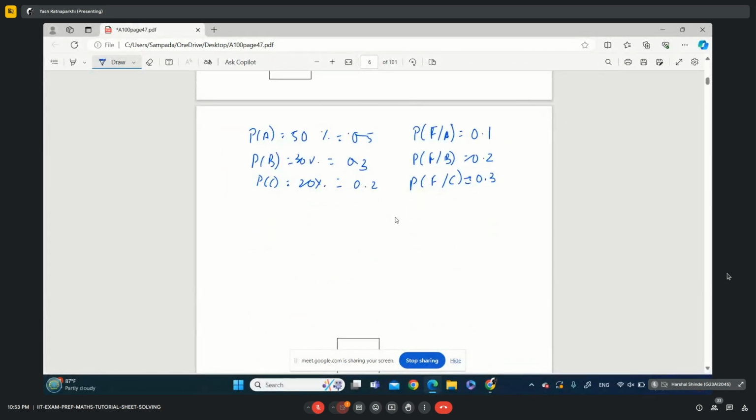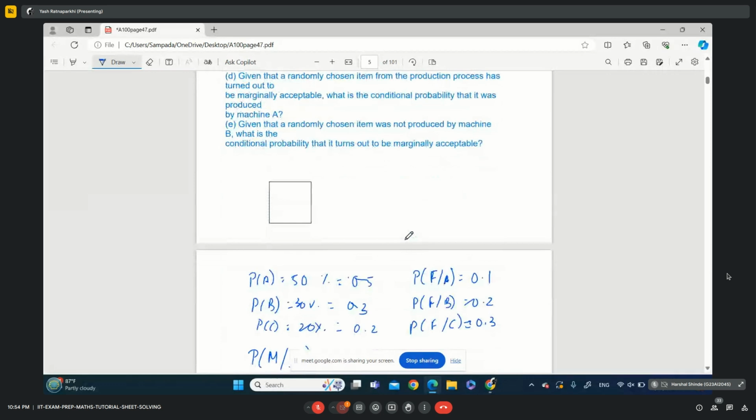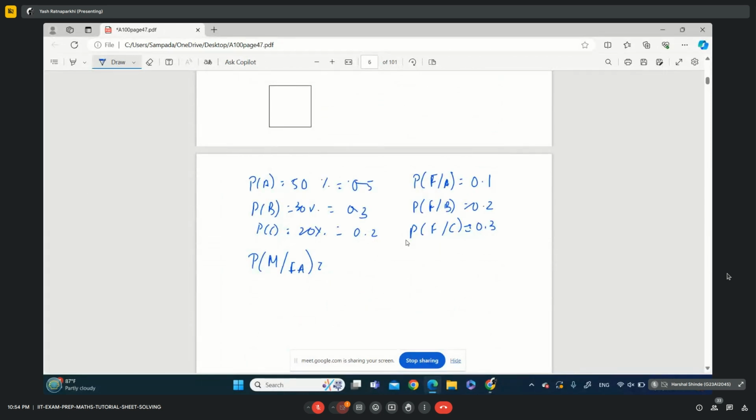So what is written? Probability of marginal acceptance given that it is a failure from A. What is given here? It is 40%, so it is 0.4.